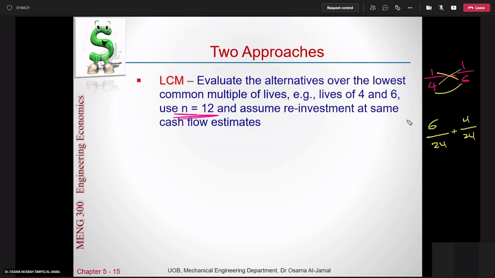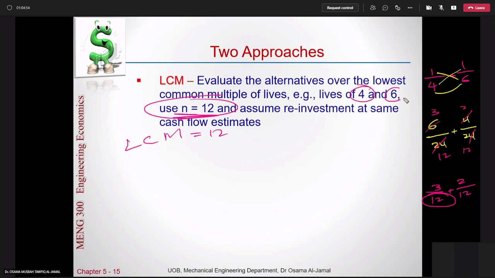Yes, by dividing by 2, so we have 3 over 12 plus 2 over 12. It means the LCM here equals 12.